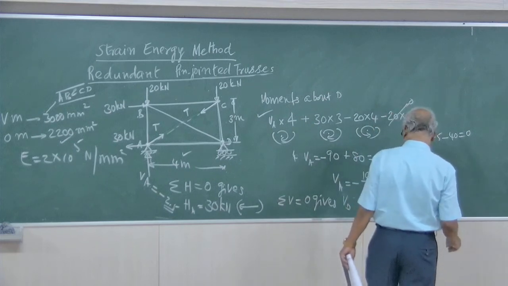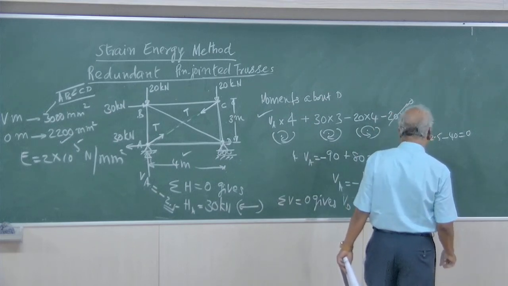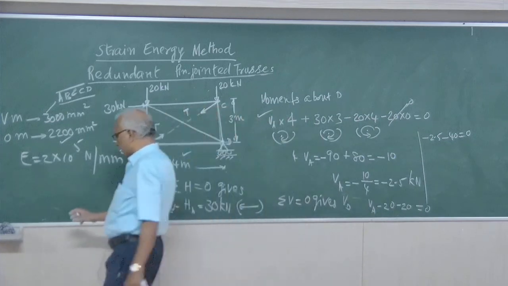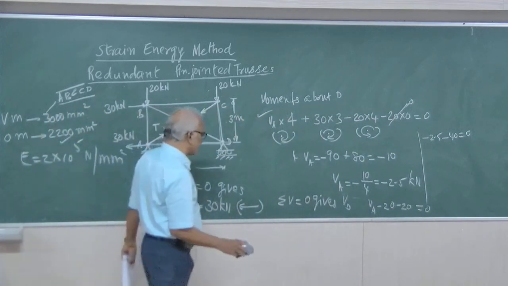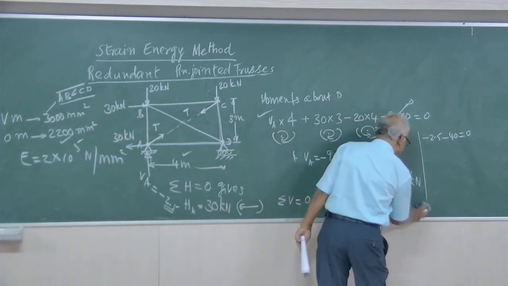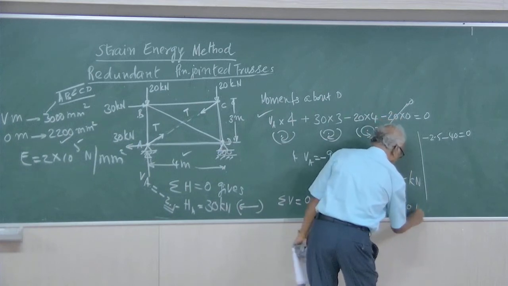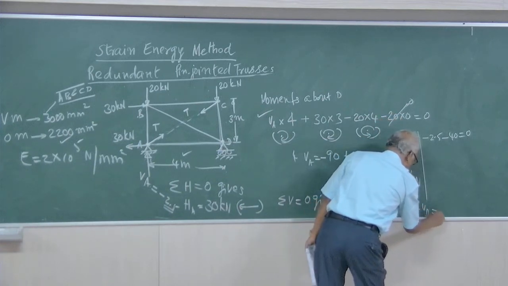Here we have to make a small correction. In addition to this, you have to add VD also. Sigma V equal to 0, plus VD equal to 0.